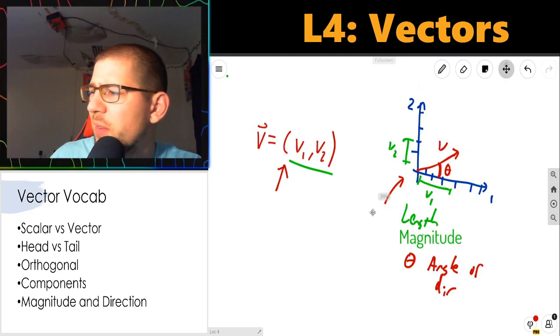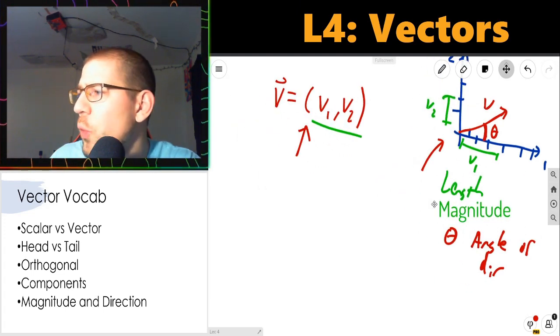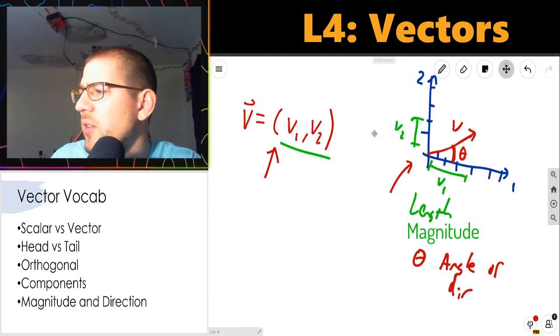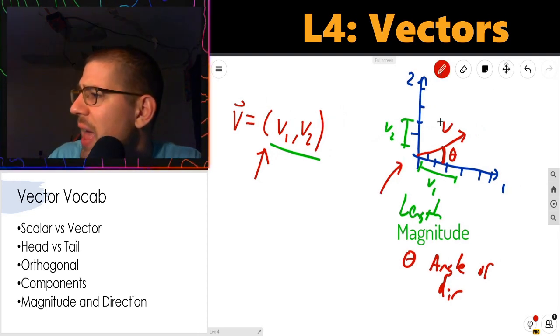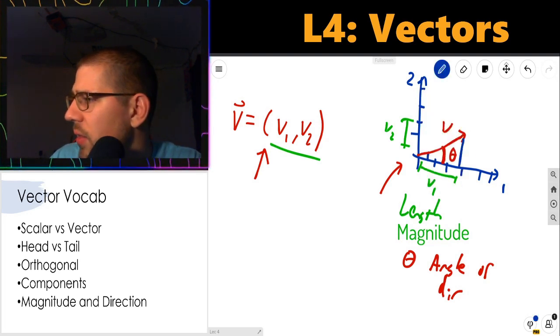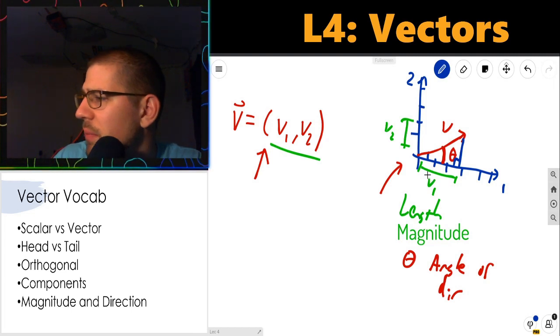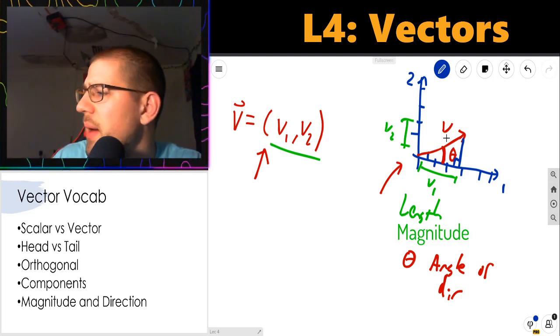The way to convert between those two is relatively simple. I just need a teeny bit of trigonometry. This is a right triangle. v1 and v2, my x component and my y component here, are the two legs of the triangle, and the hypotenuse is the magnitude.